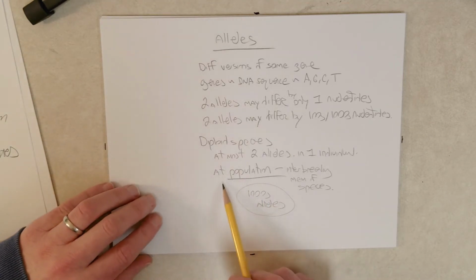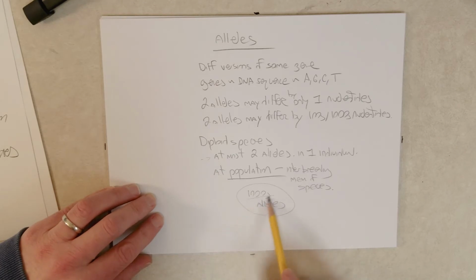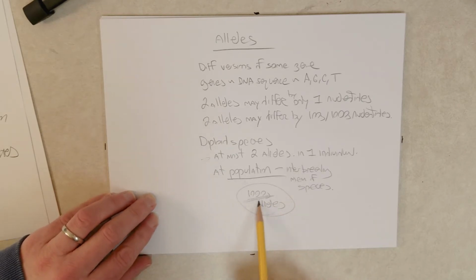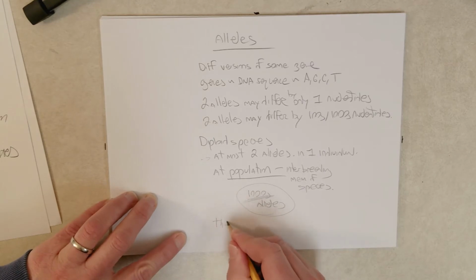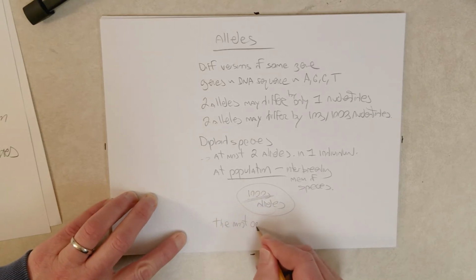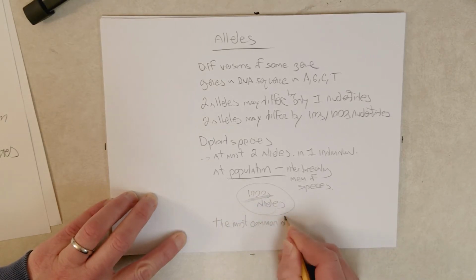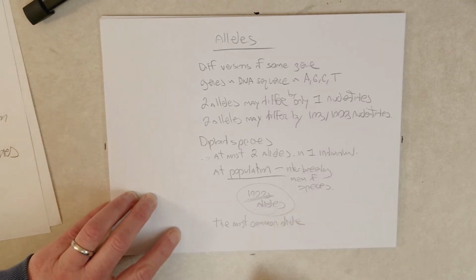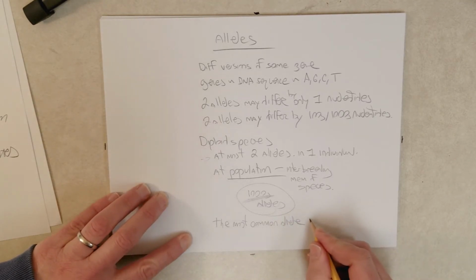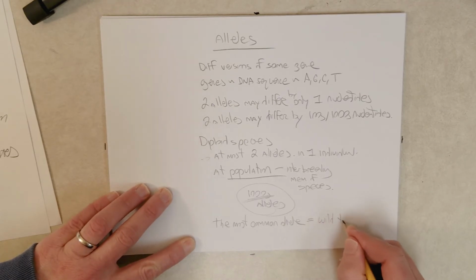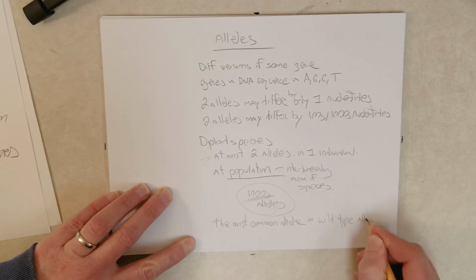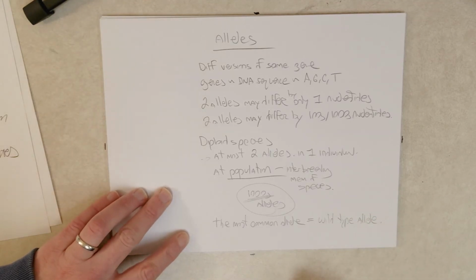Now, if we can have all these alleles, which allele is the normal one? Well, the most common allele in a population is what we would call the wild type allele.